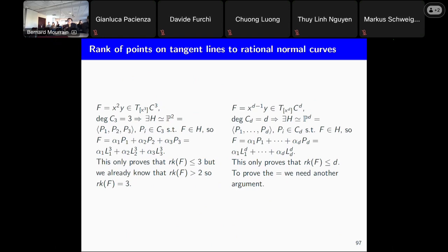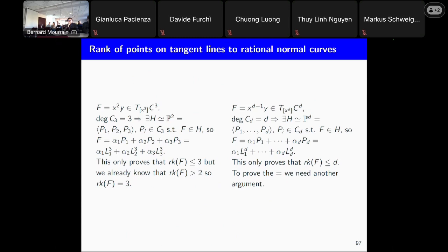And so if this hyperplane passing through my F intersects my curve in 3 points, it means that the rank of my W tensor is at most 3, right? Because the rank is really the number of points on the Veronese curve whose span contains my F. It's a P2. It intersects the rational normal curve in 3 points.